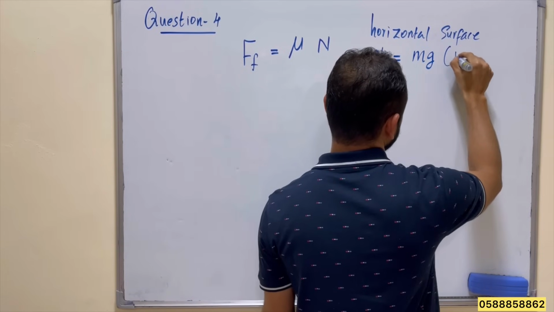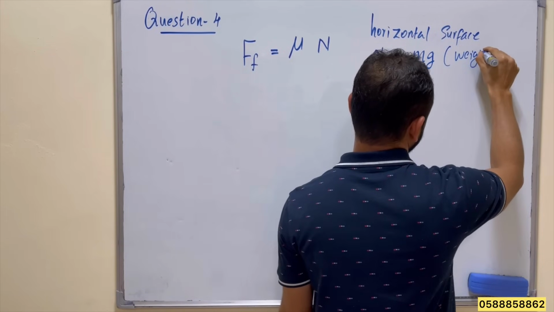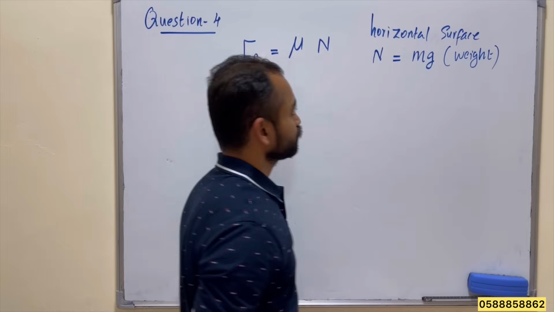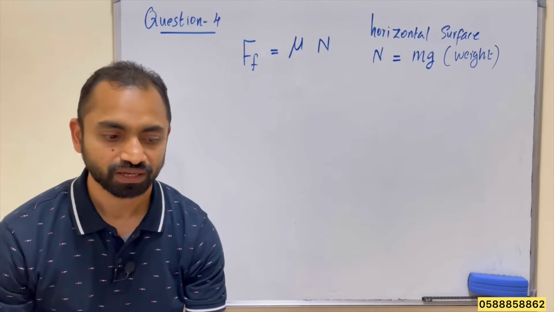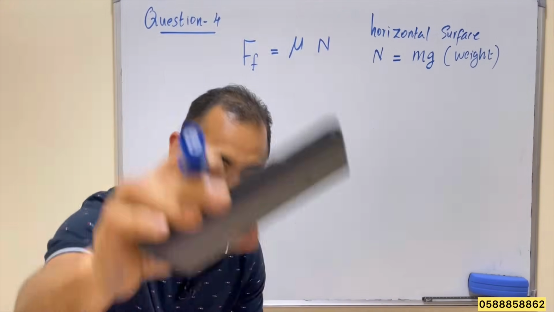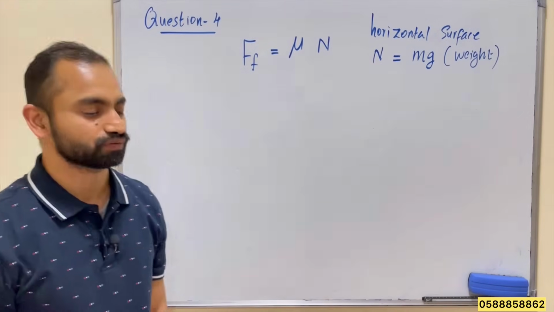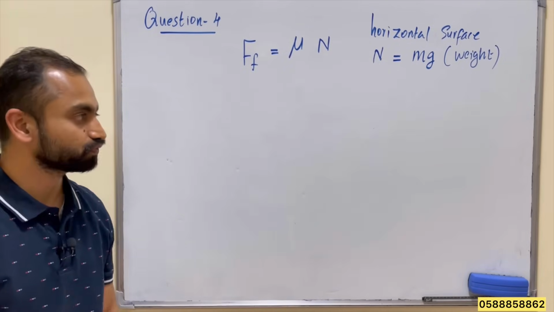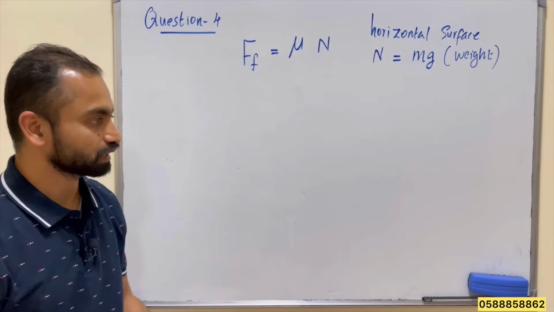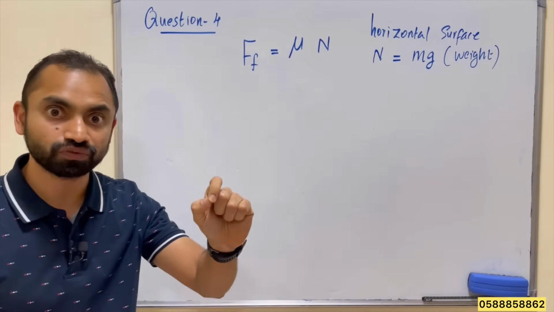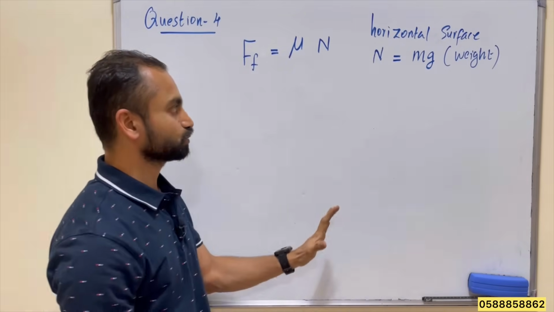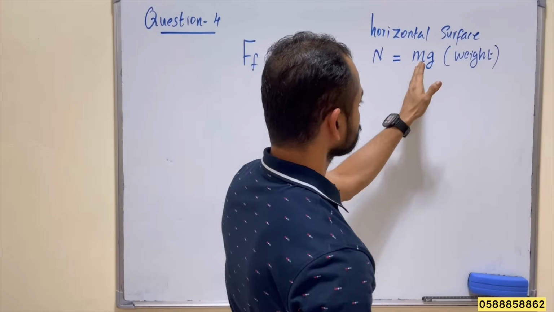For example, there is a table here, and if this calculator is on this table, the table is a horizontal surface, then the normal force is equal to the weight of the calculator. So if the object is on a horizontal surface, the normal force is equal to its weight. Weight means mg, mass multiplied by g.